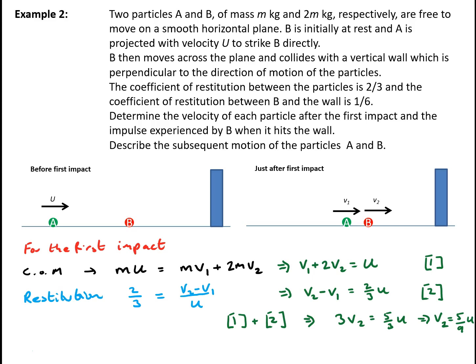If we then substitute that in to equation 2, that gives me 5/9 u minus v1 must equal 2/3 u, which means that v1 must be equal to minus 1/9 u. So after this first impact, we have A moving away from the wall with speed 1/9 u, and B moving towards the wall with speed 5/9 u.